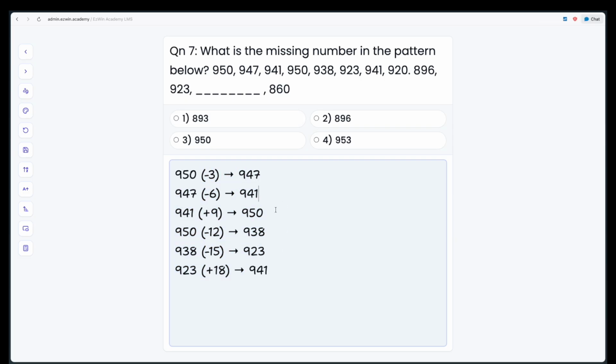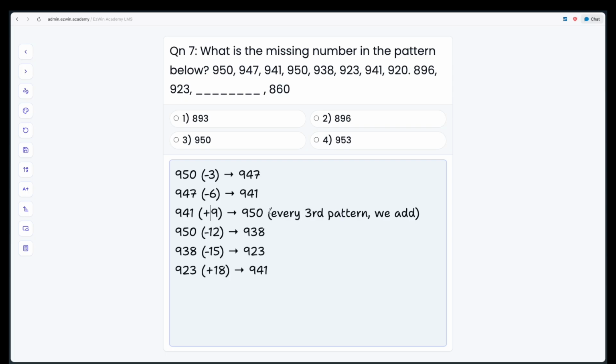In this case, we know that every third pattern, we add. And then it goes from 3, 6, 9, 12, 15, and 18.